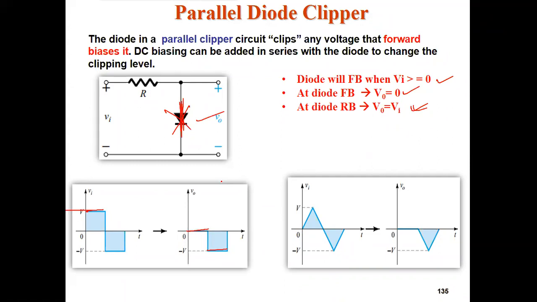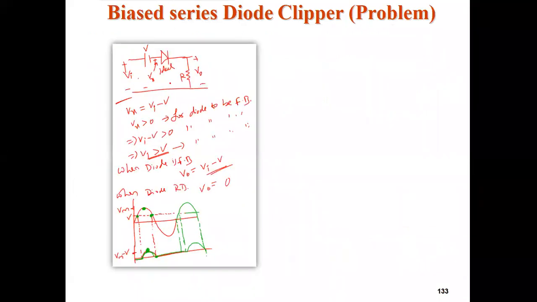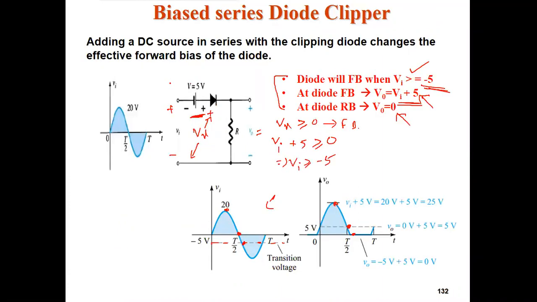So this clipper is called a positive clipper. Why positive clipper? Because the positive half cycle is clipped. But in the previous clippers, where the diodes were placed at this position, they were called negative clippers, because you can see in all those questions the negative half cycles are getting clipped.